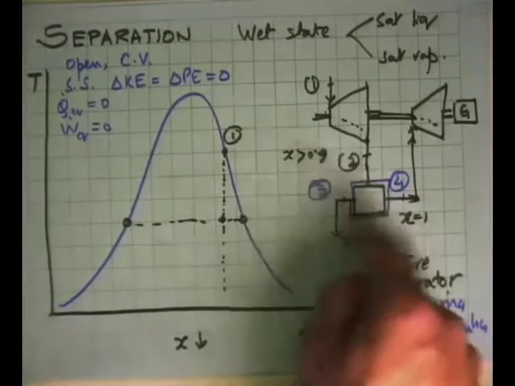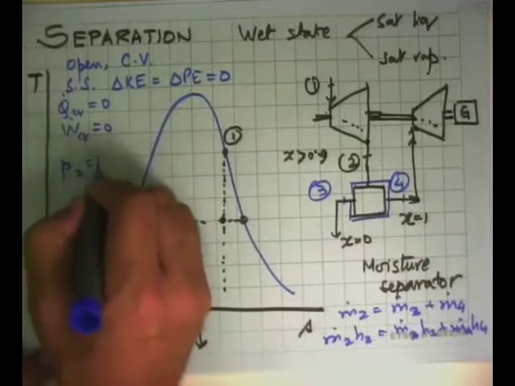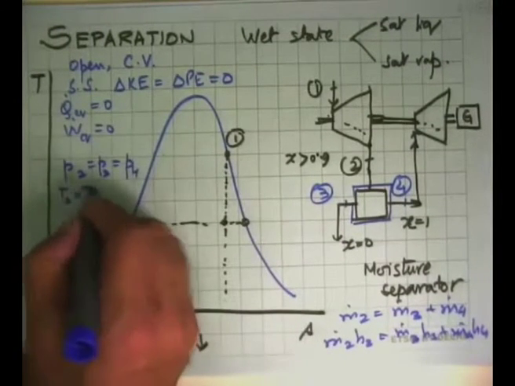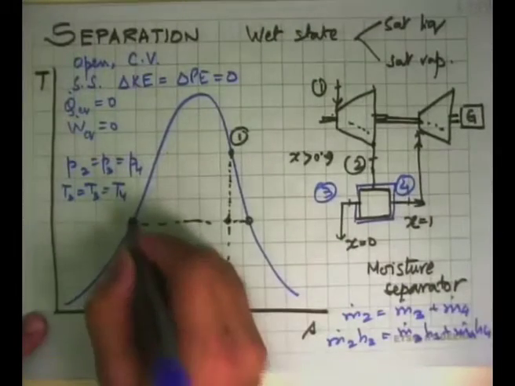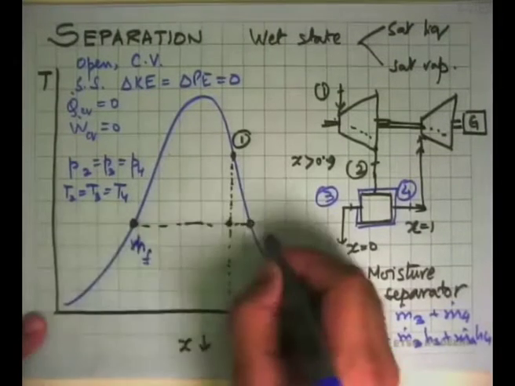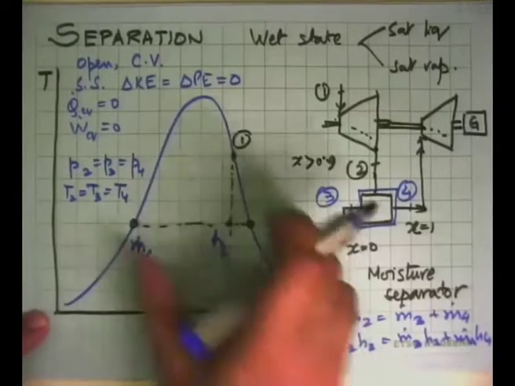But all of this is happening at constant pressure. That means P2 equal to P3 equal to P4, and the same with temperature, T2 equal to T3 equal to T4. The only thing that changed is the specific enthalpy: here it became hf, this is hg, and this was h2, which is in between these two values.